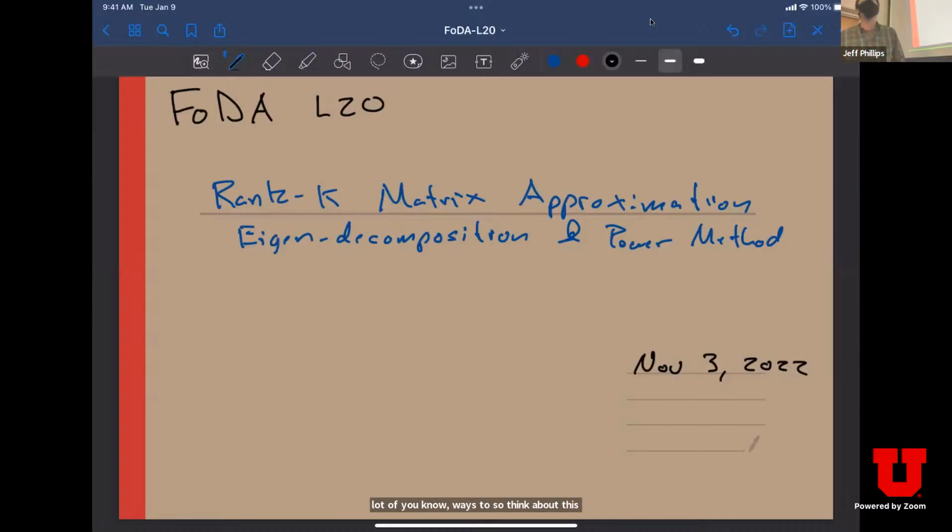I will review some of the stuff we talked about on Tuesday, and then especially the rank K approximation, how to think about this to get a low rank approximation of some matrix.